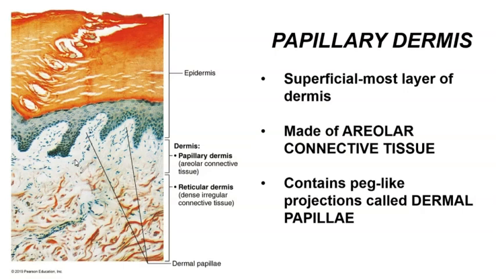The dermal papillae also house free nerve endings, which function in things like pain reception, and they also contain touch receptors called tactile corpuscles, which we'll see here in a few minutes. These dermal papillae form small ridges, which also tends to shape and contour the epidermis as well.